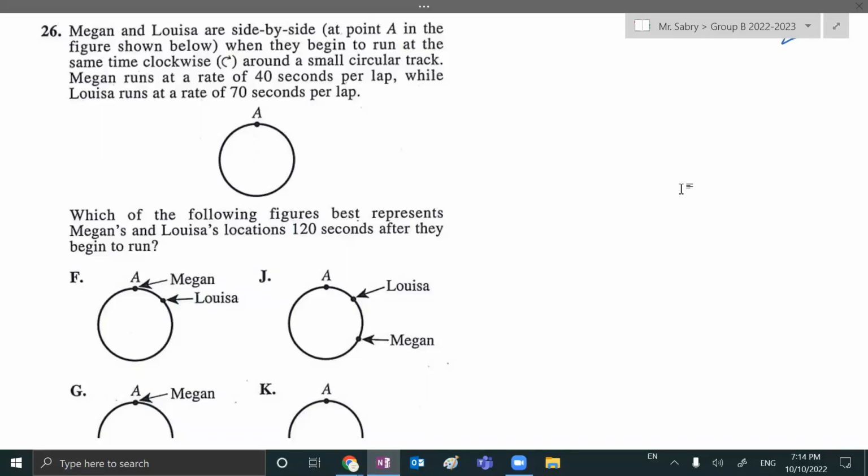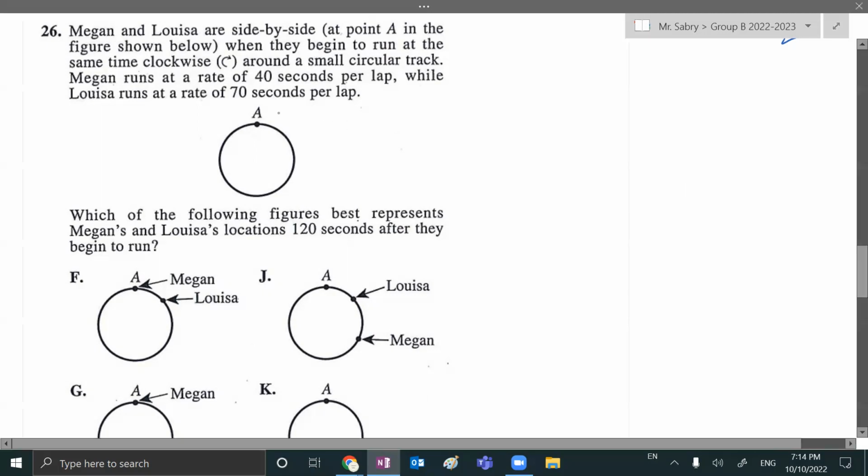I think most of you got this one right. Just want to confirm if you all got it right. Just give me 1 second. Okay, with one tiny thing. I'll explain it for you quickly. It says here, Megan and Louisa are side by side at point A in the figure shown below. So they're both here.